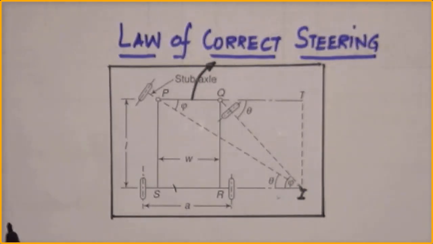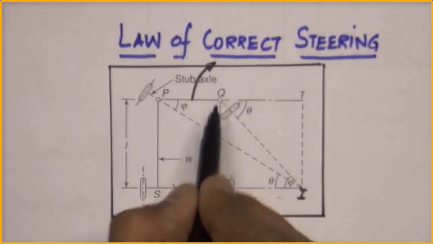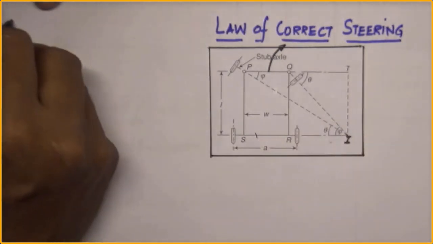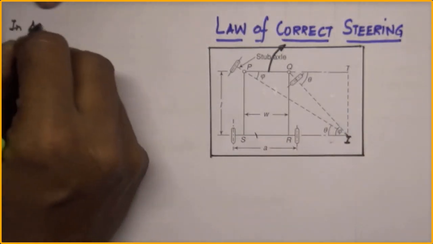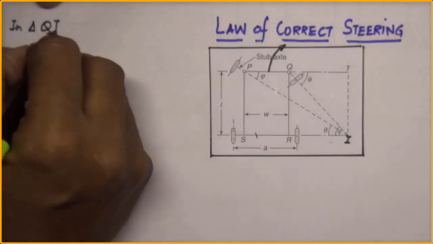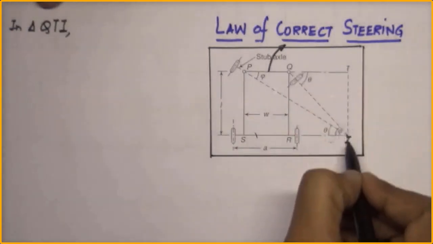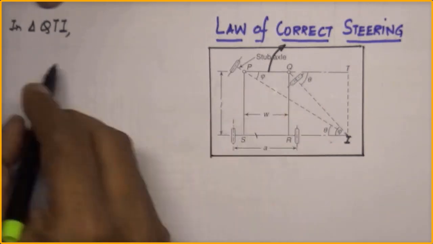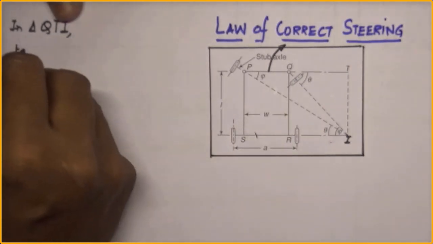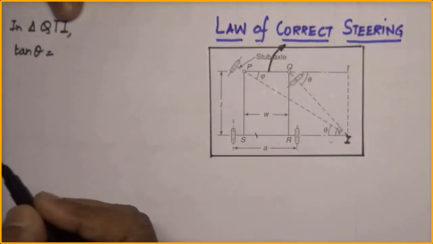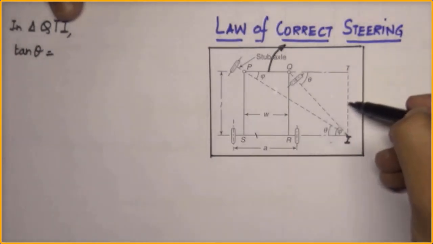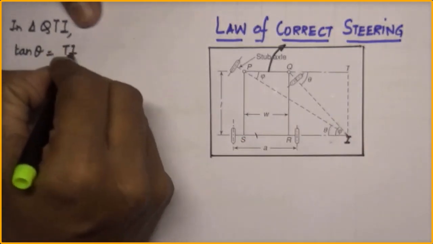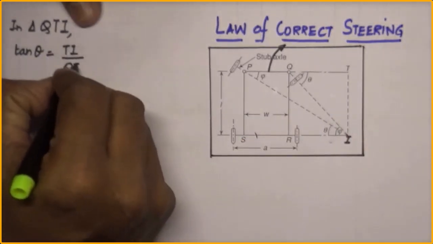Now, consider this right angle triangle ITQ. So, in the triangle QTI, which is out here, we have an angle theta. If I consider tan of that angle theta, which is simply opposite side upon the adjacent side, we will get TI divided by QT.